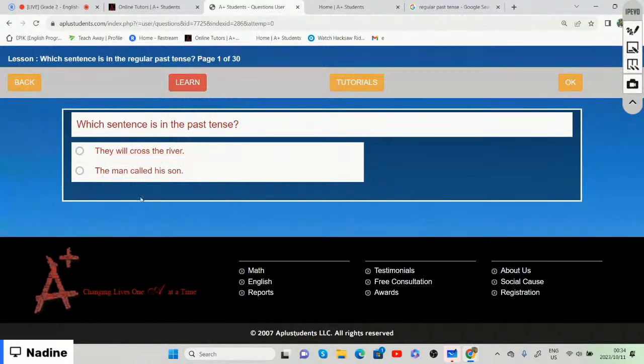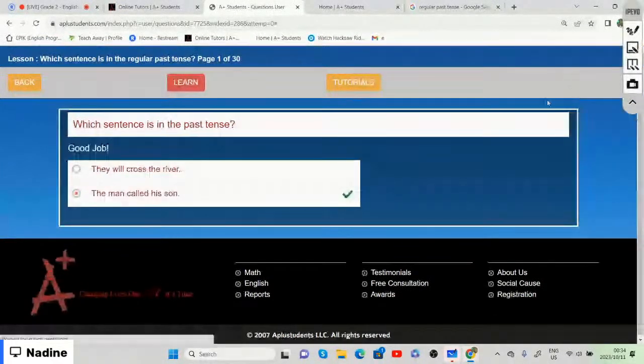All right, so if we select the correct sentence that is in the past tense, the man called his son. So basically, called with an ED shows the past tense. All right.